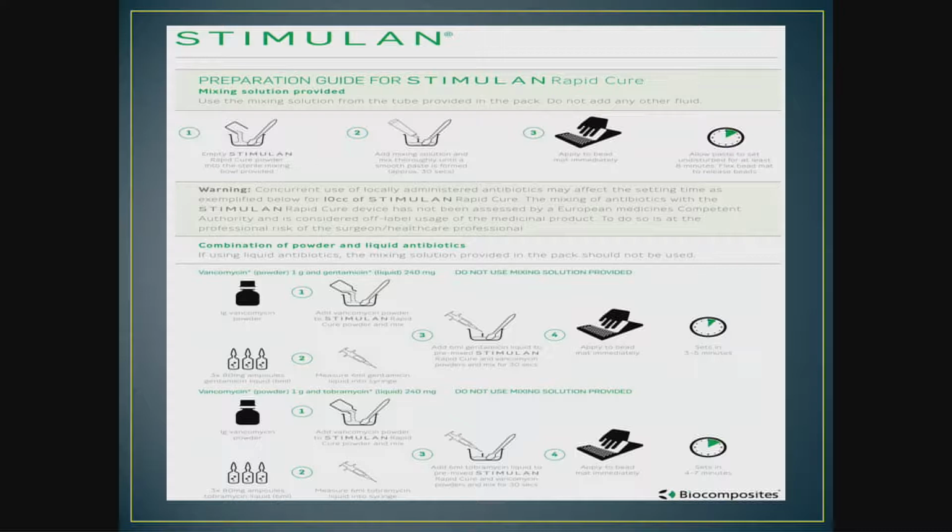So we mix the powder with the vancomycin powder and the diluent, mixed into a paste, and then you have a mat that has several different sizes of beads that you would want to use depending on the size of the wound. So you have large beads, medium beads or small beads. And you paste the paste over this mat, leave it to dry for a period of time, and then pop them out, and you then have a selection of beads to put into your wound.